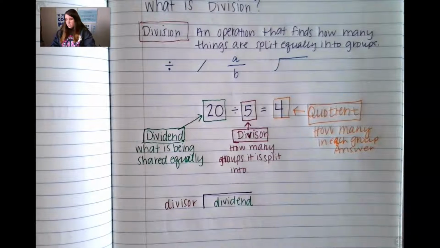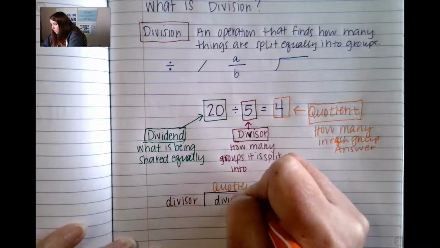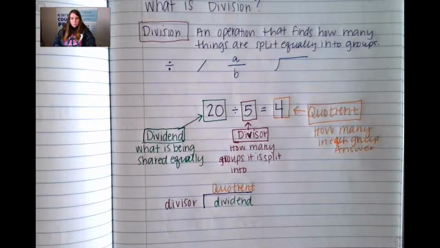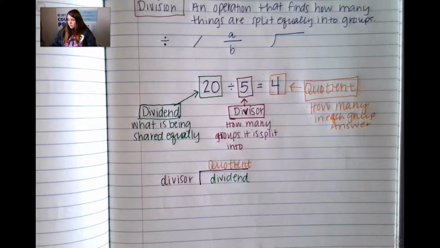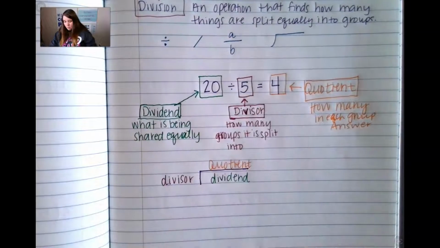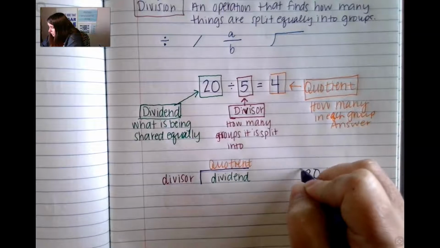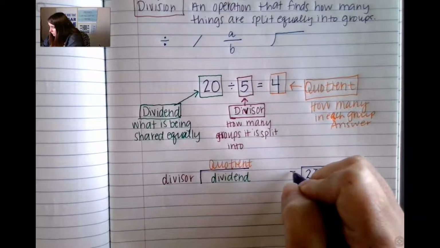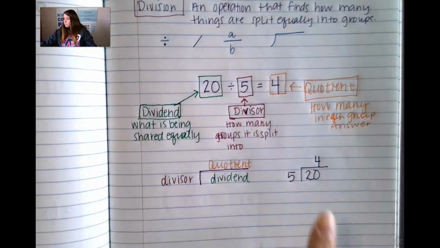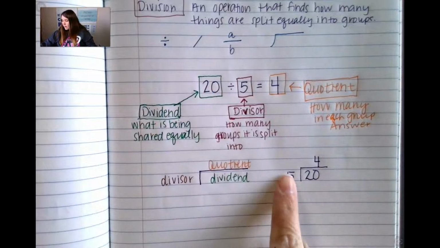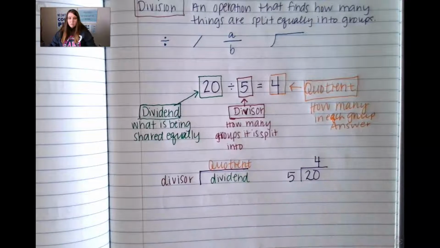And then the quotient is what goes on top. The answer is on the top. So if I were to follow this same math problem right here, I would have 20 divided by 5 equals 4. So it's written the same way. It goes around in a circle. 20 divided by 5 equals 4.